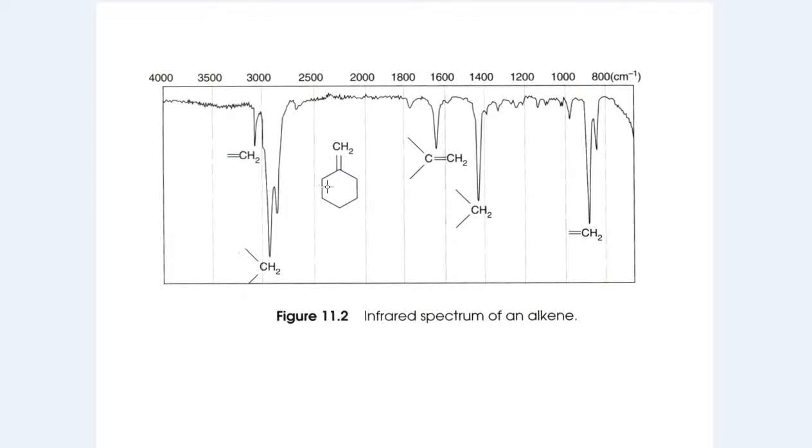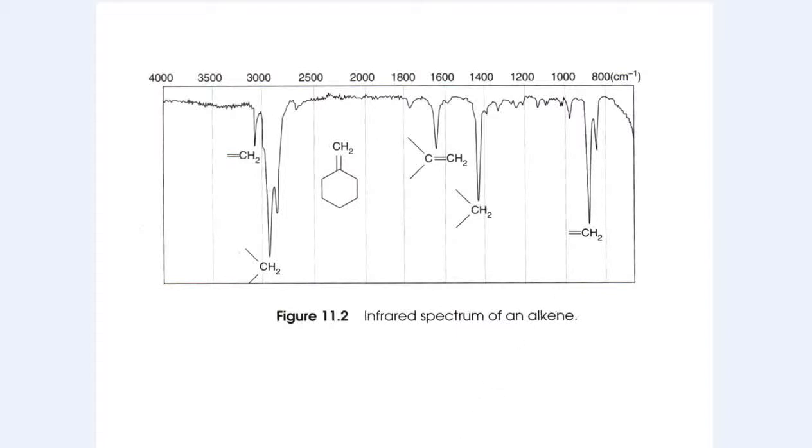Now this alkene has a structure type that's called an alkylidene structure. An alkylidene structure is an alkene in which one alkene carbon has two hydrogens and the other alkene carbon has two carbons. This frequency peak here, in fact, is going to tell you that.